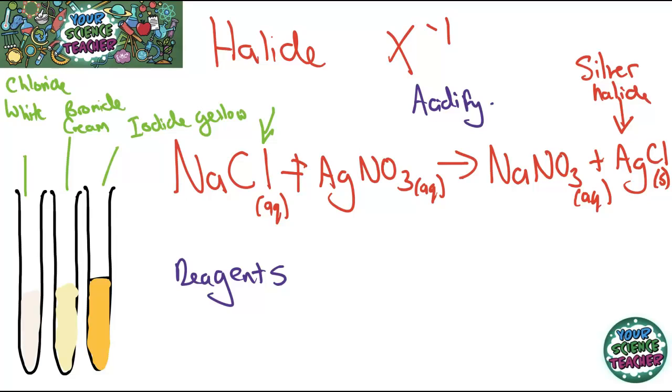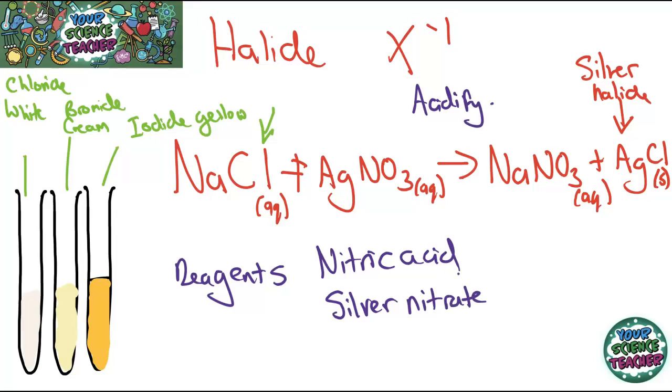So what we do is we add nitric acid as well as our silver nitrate. The reason why we use nitric acid and not something like sulfuric acid is because that would then add sulfate ions, which will be another ion that we'll look at to test for. And if I added hydrochloric acid, well, that contains that chloride ion, so you'd end up with a white precipitate even if you had bromide or iodide present.